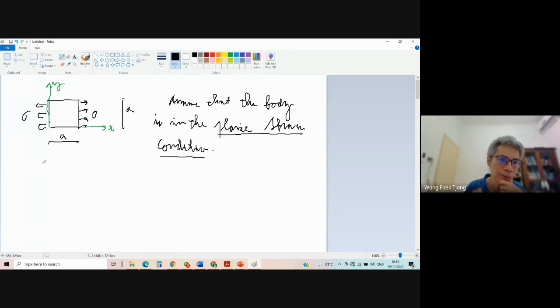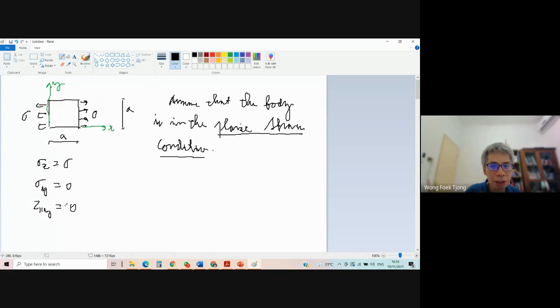What is the stress information? Sigma x is sigma, because we see that this is under pure tension, constant pure tension sigma. Every point in the body is subjected to sigma, and sigma y is 0, tau xy is 0. What else?